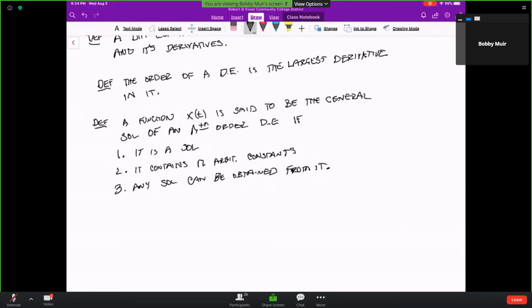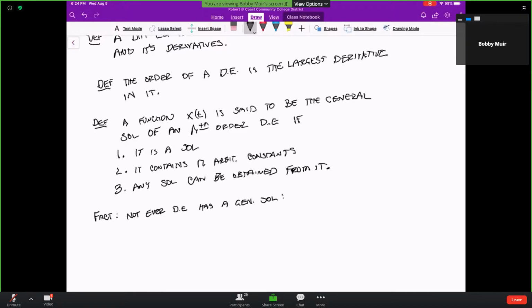Okay, so now there's a fact that I want you to realize here. Not every differential equation has a general solution.